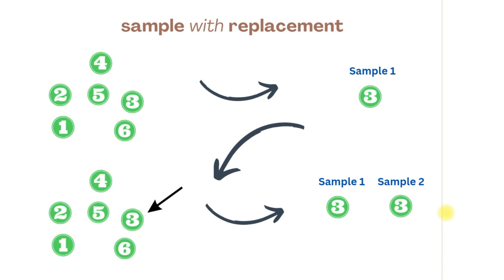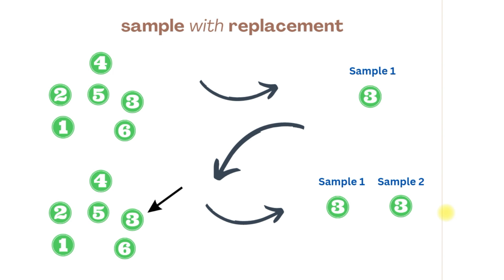When I draw the second sample, I have an equal likelihood of selecting number 3 again, right? And this time it so happens that my sample 2 is also the number 3, and I am now able to generate the pair of 3s, which I was not able to generate using sampling without replacement.